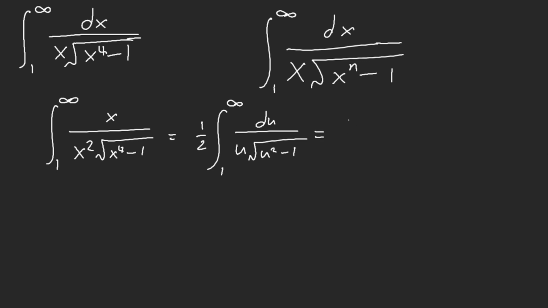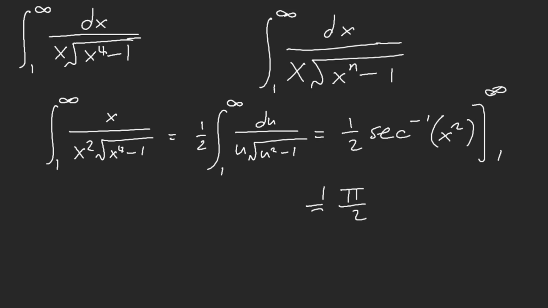This is equal to a half of inverse secant of u, which is x squared. Now from 1 to infinity, plug in infinity, you get pi over 2. This is a half of pi over 2 minus inverse secant of 1, which is 0, right? So I believe our answer is pi over 4.